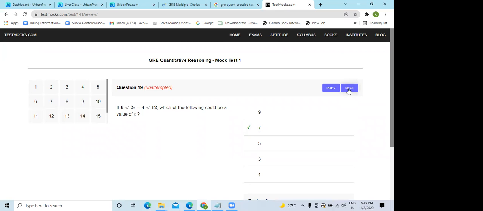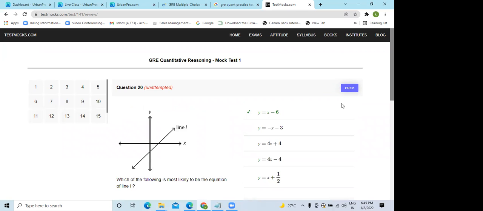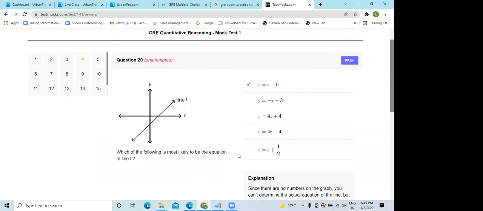Okay. The next question was this one. Which of the following is most likely to be the equation of the line L? We didn't attempt this. But I think the answer is given.